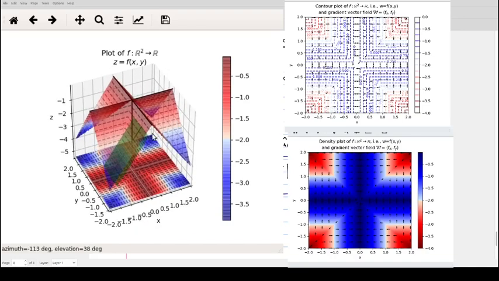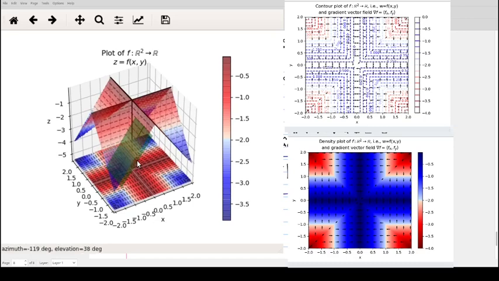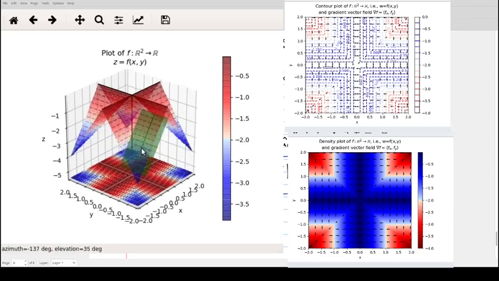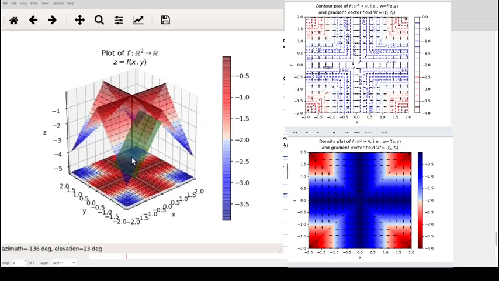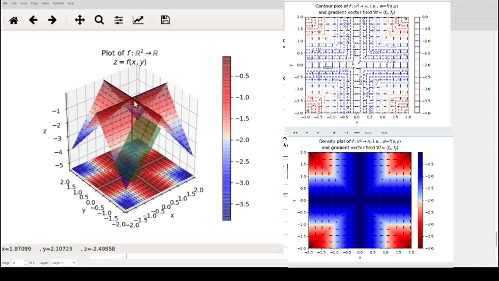So this function, if you look at it, clearly has an x partial derivative and a y partial derivative at the origin, and they're clearly 0. The rate of change is 0 along the x-axis. Same thing along the y-axis of the function. That's equal to 0.